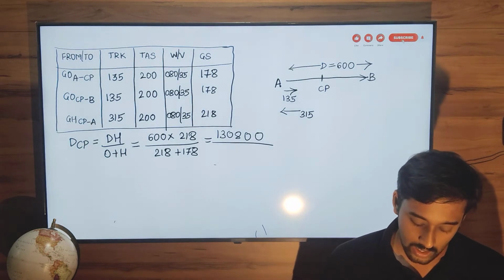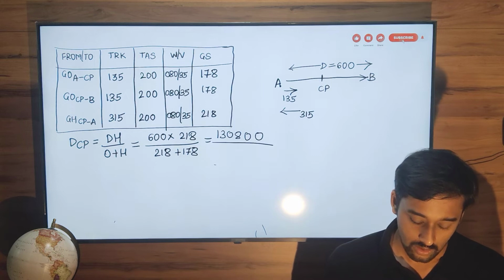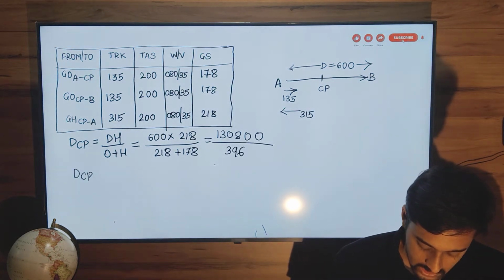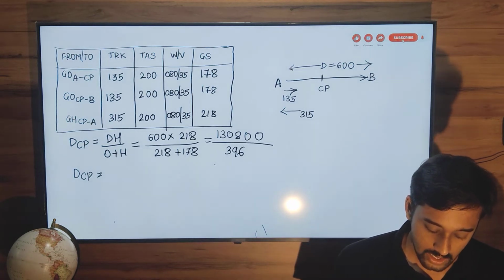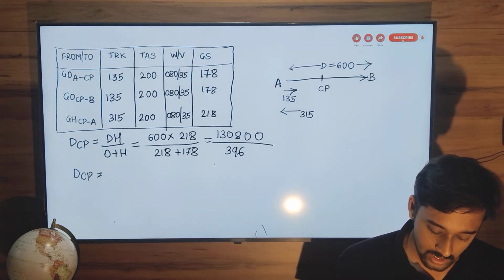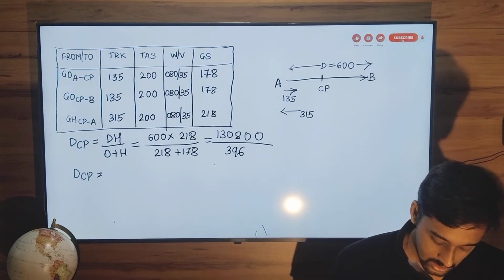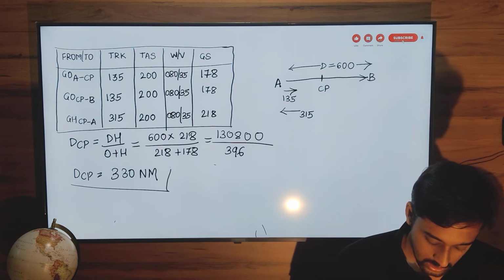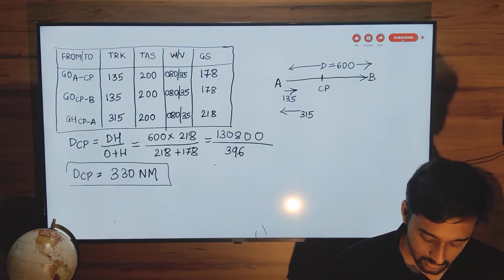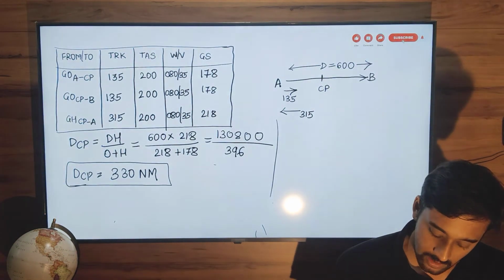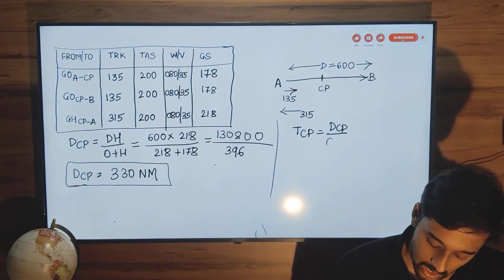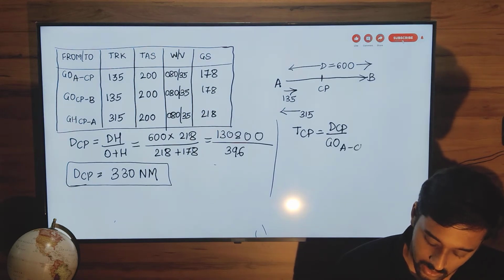218 plus 178 equals 396. So critical point distance is 130,800 divided by 396, 330 nautical miles. Time to CP will be equal to distance to CP divided by ground speed outbound from A to CP.